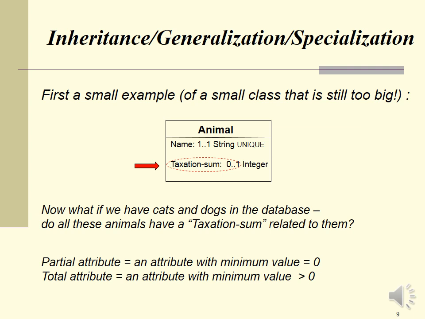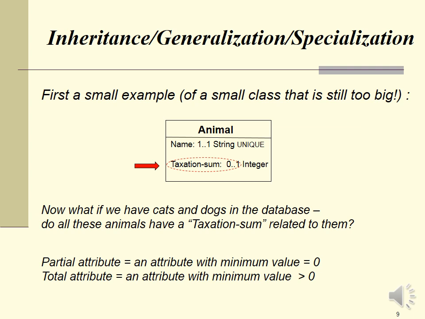So, what if we now have dogs and cats in the database? Do all these animals really have a taxation sum related to them? No, they don't, as I have indicated. In Sweden today, actually no animal or no pet has a taxation sum, but some 20 years ago, dogs were taxed. So if you were a pet owner and the pet was a dog, then you had to pay a certain amount of tax.